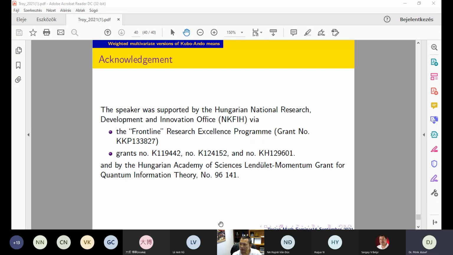Because when we have a weighted case, we haven't got any. So maybe, if it's not symmetric, all known examples for non-symmetric means are the weighted means, I think.